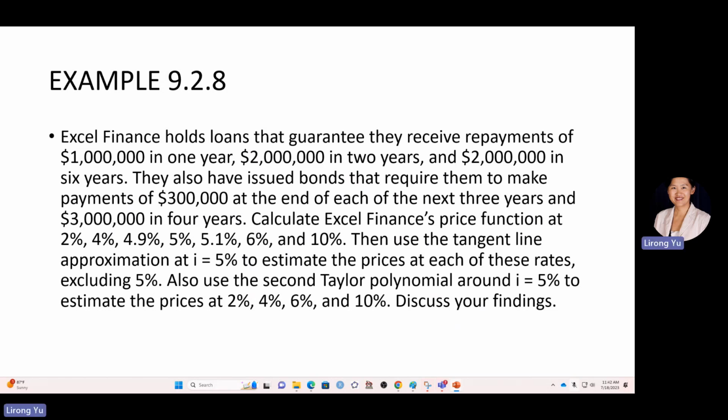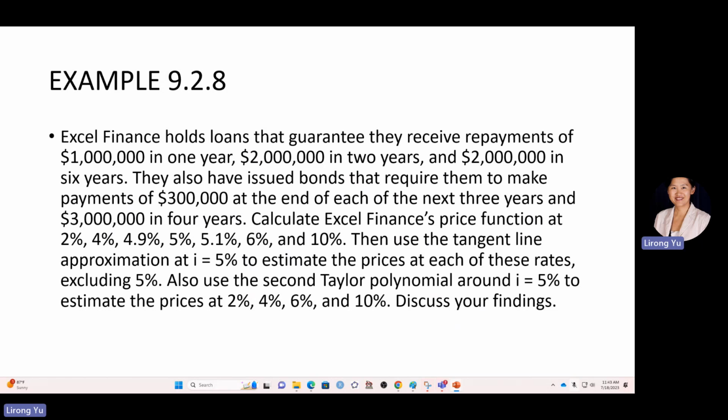So the first three cash flows are positive cash flows. The 300,000 and 3 million, these are payments they need to make. These are negative cash flows. We calculate Excel Finance's price function at 2%, 4%, 4.9%, 5%, 5.1%, 6%, and 10%.